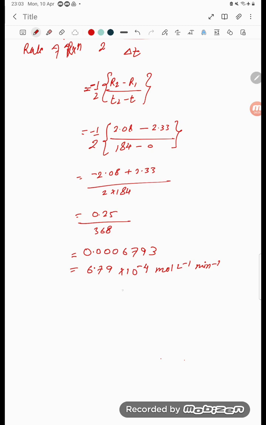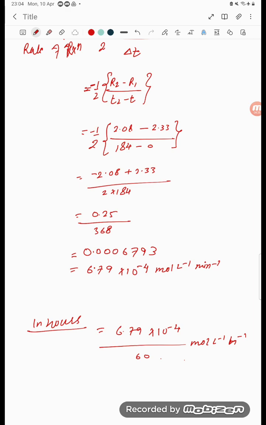To convert minutes into hours, it needs to be divided by 60. So in hours, what will we be able to get? Here 6.79 into 10 power minus 4 divided by 60. The unit is going to be mole, liter inverse and hours inverse. If you divide this value by 60, let us check what the answer is going to be.